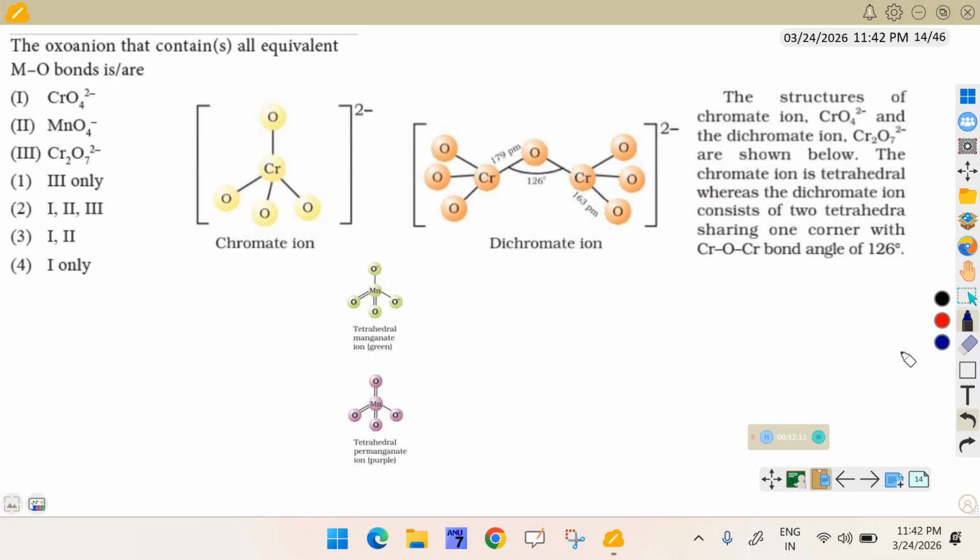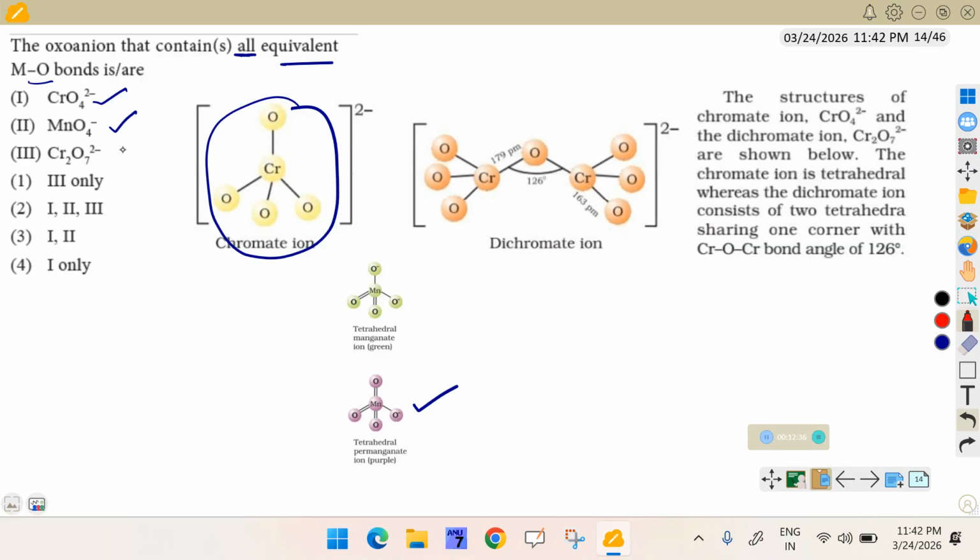Oxoanions that contain all equivalent MO bonds. CrO4 2 minus contains all equivalent MO bonds. MnO4 minus contains all equivalent MO bonds.